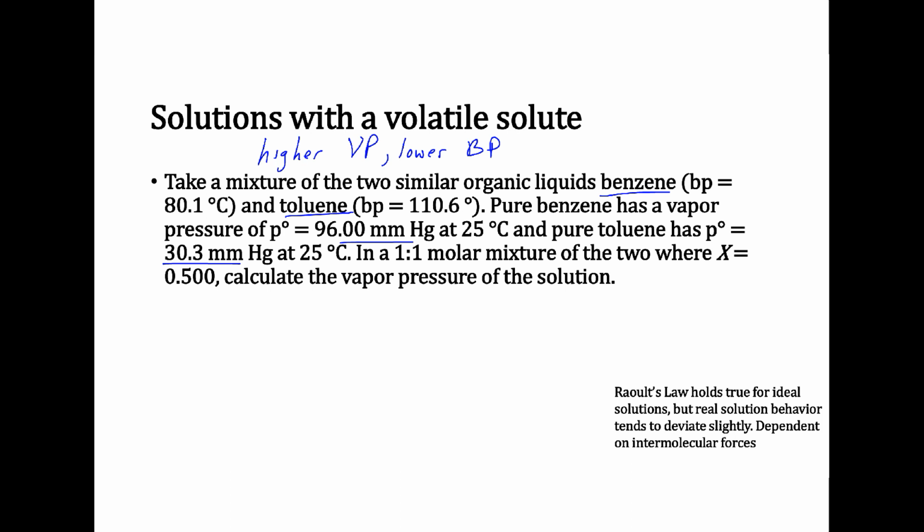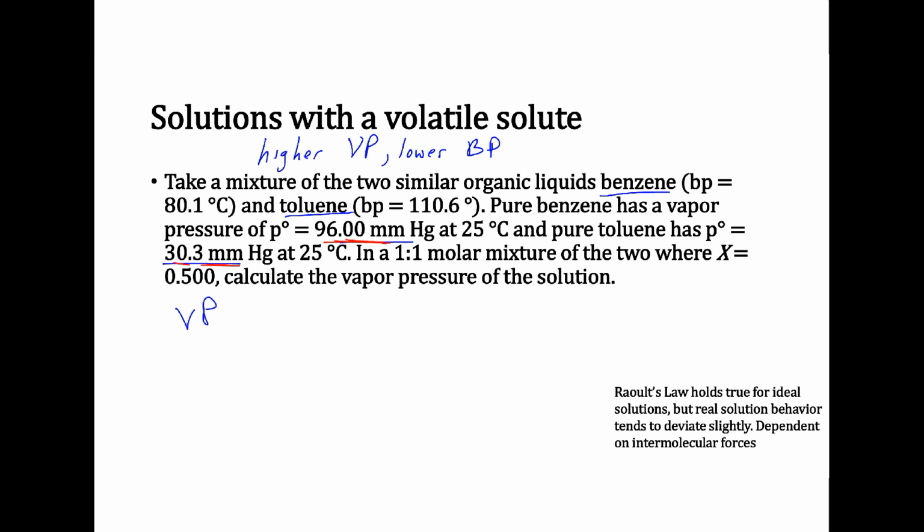So now what we're going to do is let's go ahead and come up with an expectation for this problem. Where should our vapor pressure end up falling? Well, our vapor pressure should be somewhere between 30 and 96. It needs to be between those two values because this is what we're mixing, so we can't go higher than the top end, and we can't go lower than the bottom end.